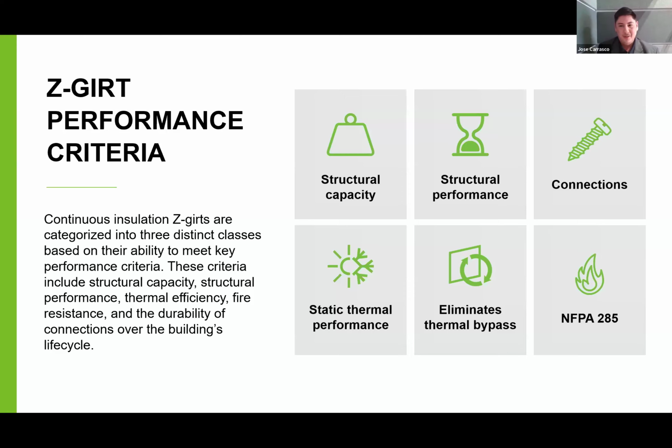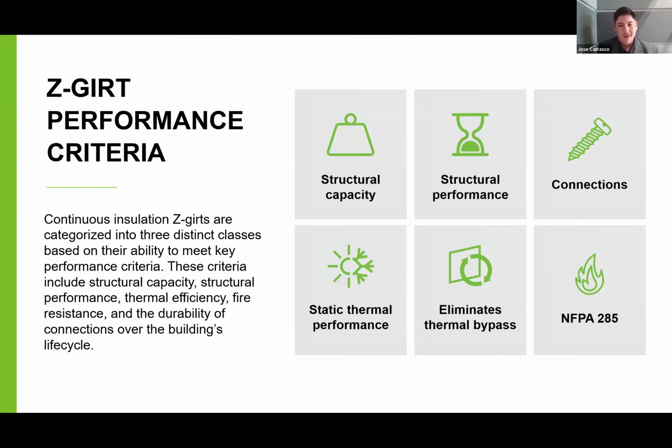Then once everything is installed, these next two are really looking at performance of the building throughout its life cycle. So how well does it manage energy? How well does it perform from a thermal performance standpoint? And then is it able to eliminate thermal bypass? We'll talk a bit about thermal bypass in a little bit here, but that's related to the thermal bridging we talked about.